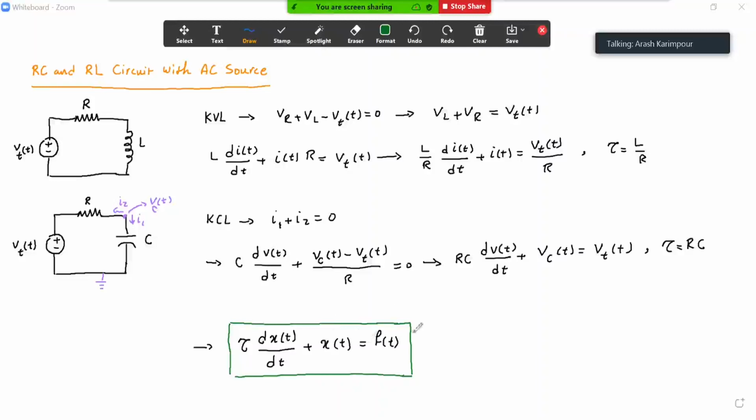So this general equation, regardless of what it's going to be, is going to have a general solution. So let's go there. I'll rewrite the equation.